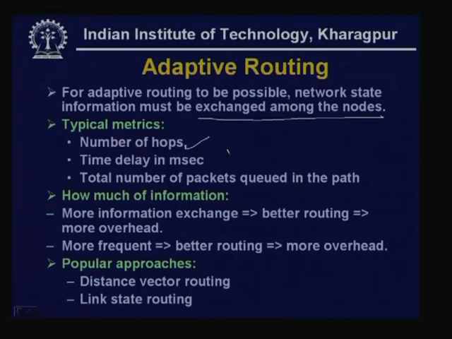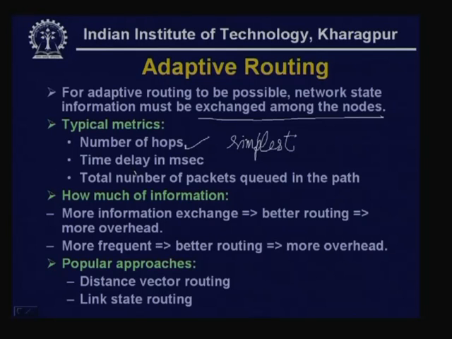From a particular source to a destination, the number of nodes used for relaying or forwarding the packets can be used as a metric, and this is possibly the simplest metric that can be used. However, this particular metric is not commonly used.